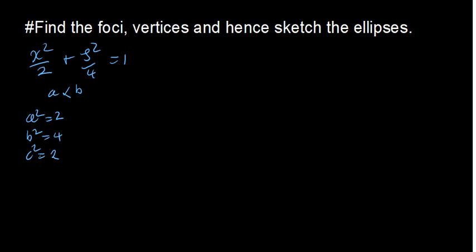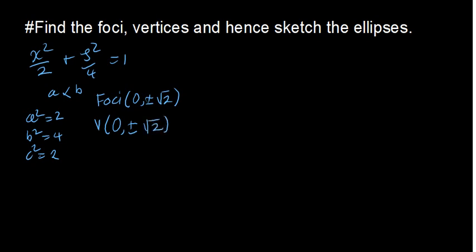So the foci here are supposed to be (0, plus or minus c), and our c is the square root of 2. Then what about the vertices? The vertices are supposed to be on the y-axis as well, which is going to be (0, plus or minus b), and our b is... the square root of 2?